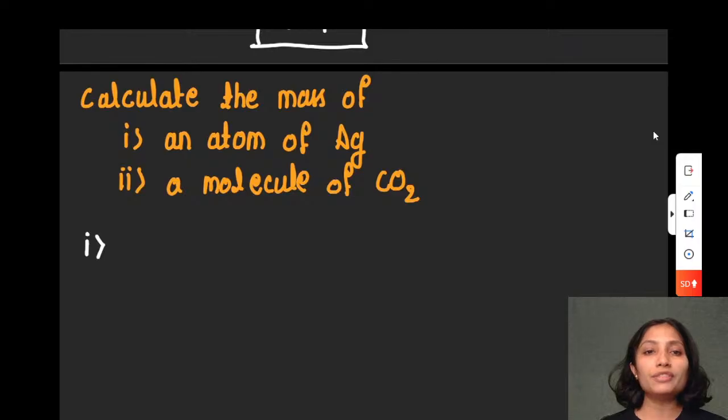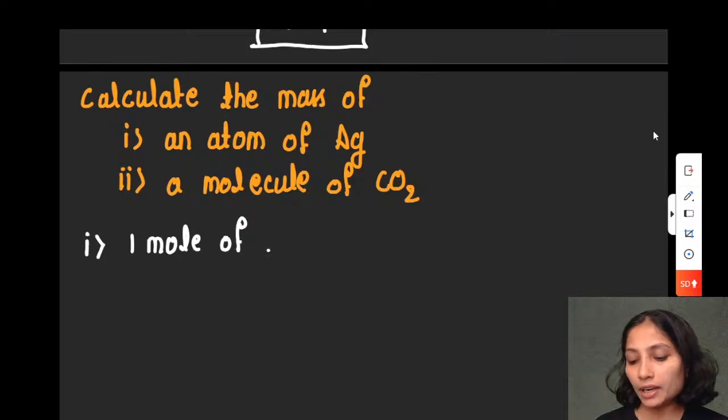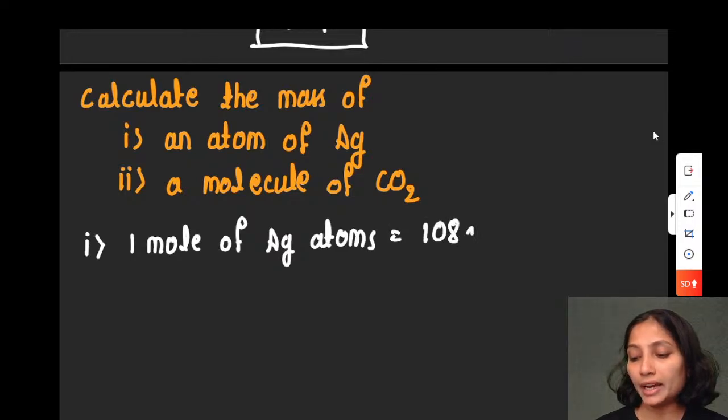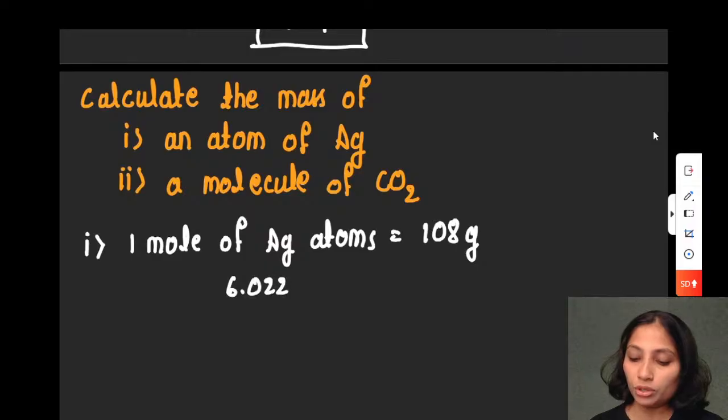An atom of silver. We know 1 mole of silver atoms weighs how much? 108 gram. 1 mole of silver atom weighs how many grams? 108 gram. So in 1 mole, how many atoms are present? 6.022 × 10^23 atoms will be there.